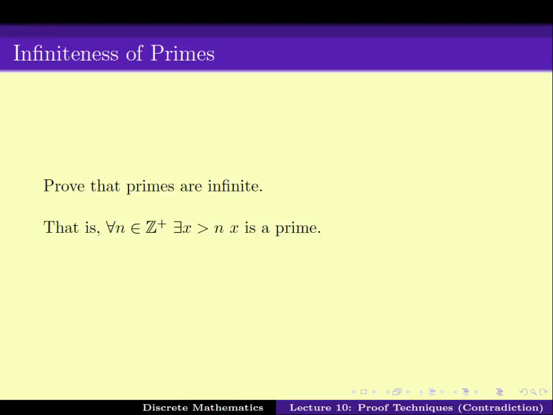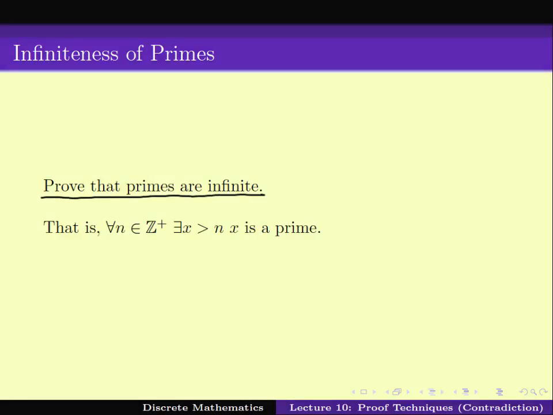If we want to formulate this statement, that primes are infinite, in terms of A implies B, what is B and what is A? So B is clear. B is: primes are infinite.